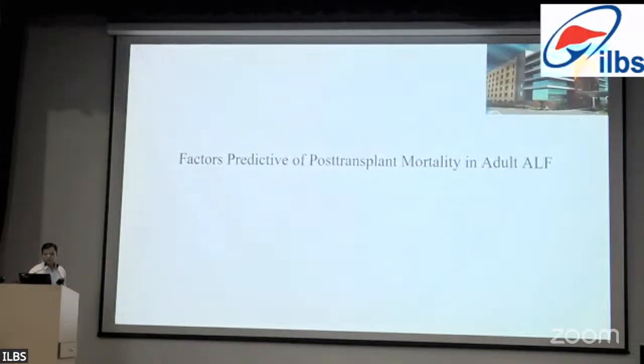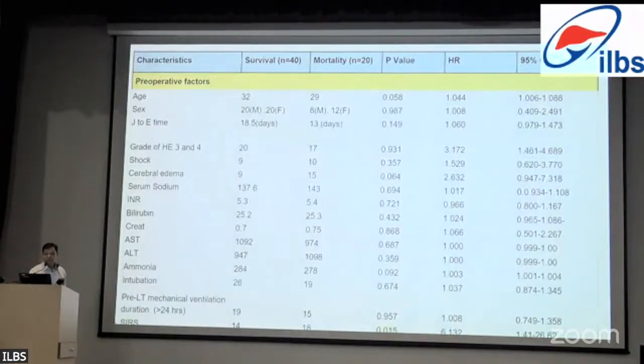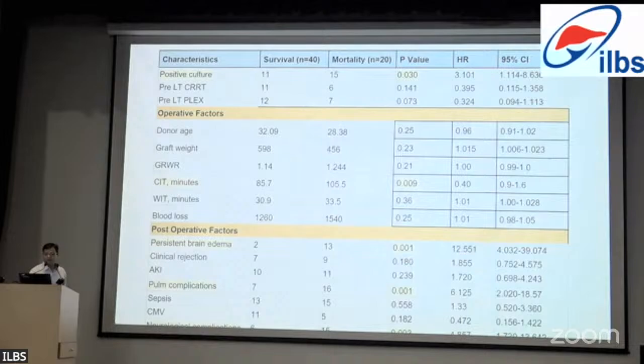Coming to factors predictive of post-transplantation mortality in adult patients. These are the factors which we analyzed among the survivors and the non-survivors. Among all the factors, the parameters attributable to mortality are SIRS before being transplanted and positive culture.